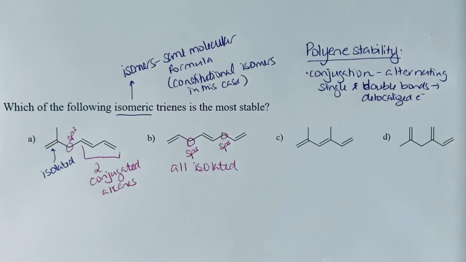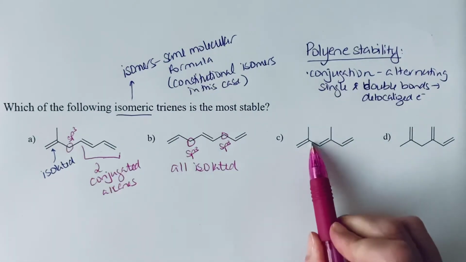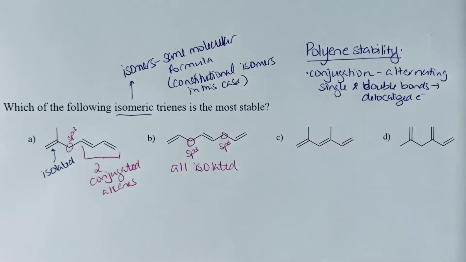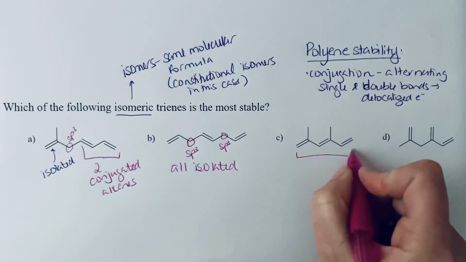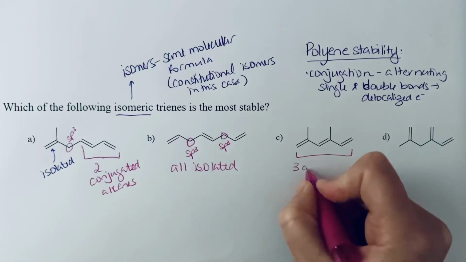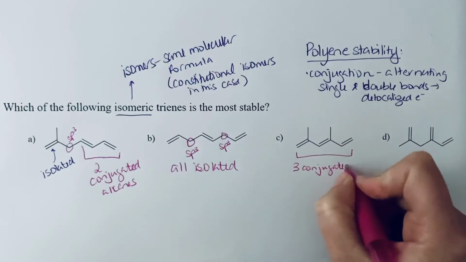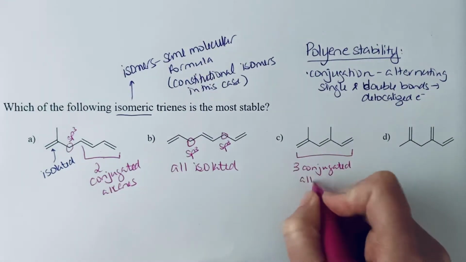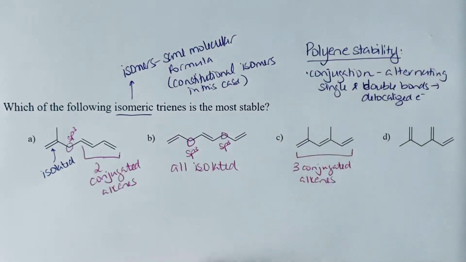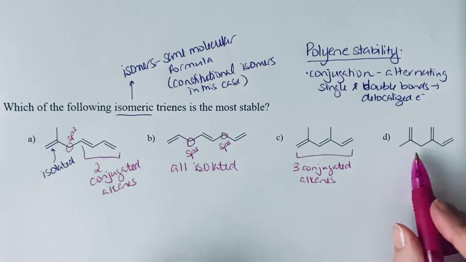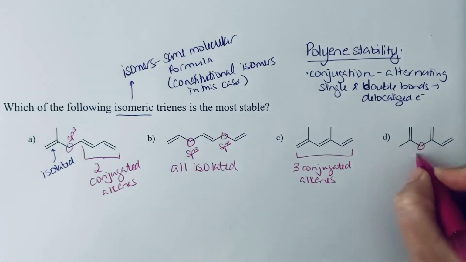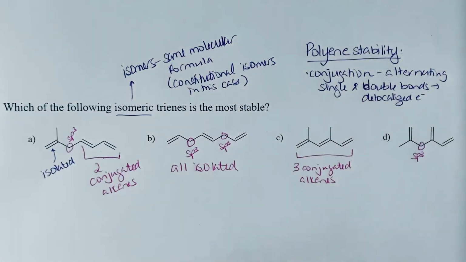If we look at C, we have double bond, single bond, double bond, single bond, double bond. All three of these are conjugated. So here we have three conjugated alkenes. This is looking pretty stable. If we're dealing with trienes, this is probably as good as it's going to get. And then D is somewhat similar to A, where we've got one isolated alkene, because we've got this sp3 carbon in the way.